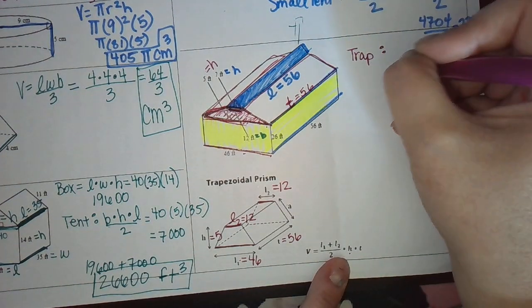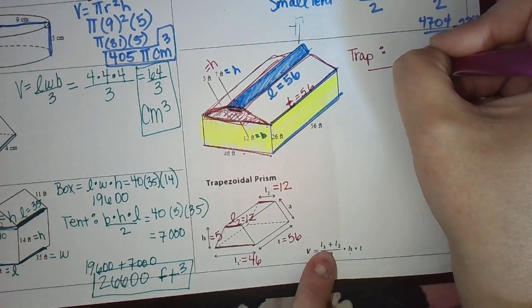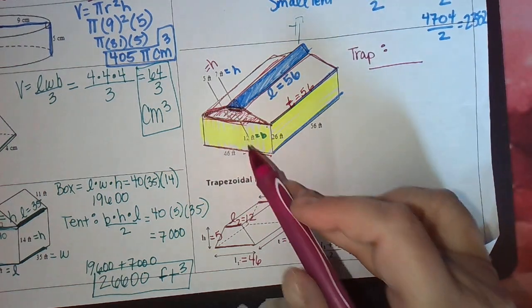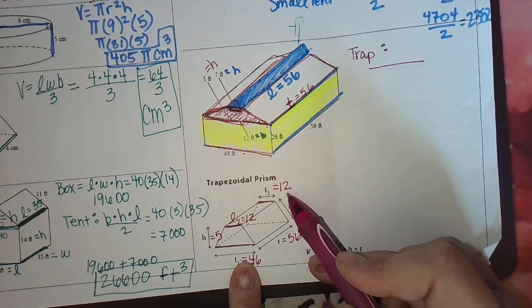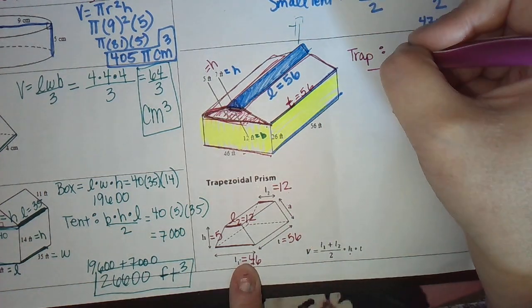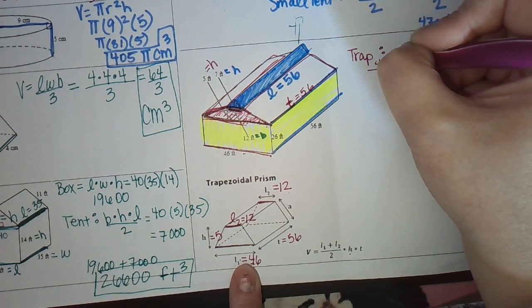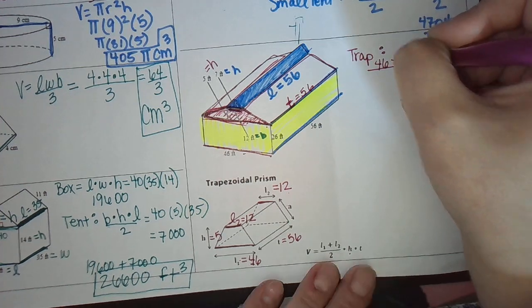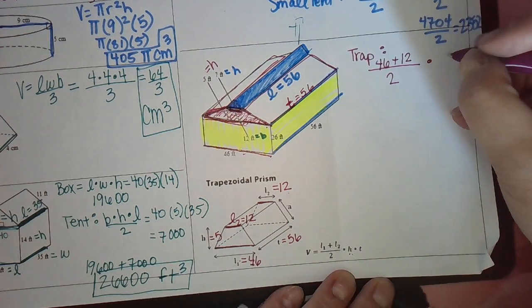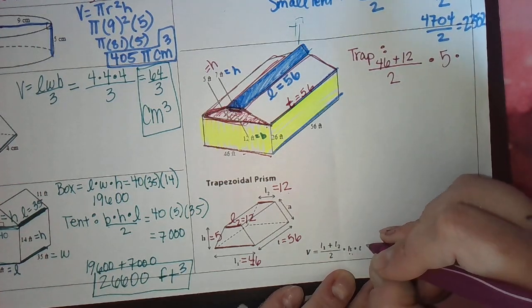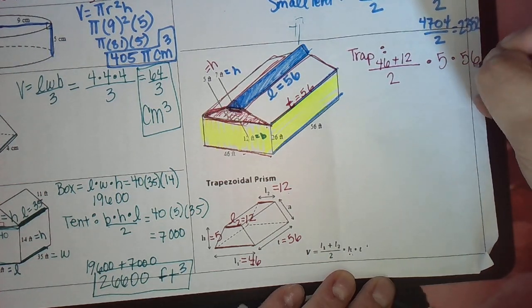The volume is L1, which was 46, plus L2, which was 12, all over 2, times the height, which was 5, times the T, which was 56.